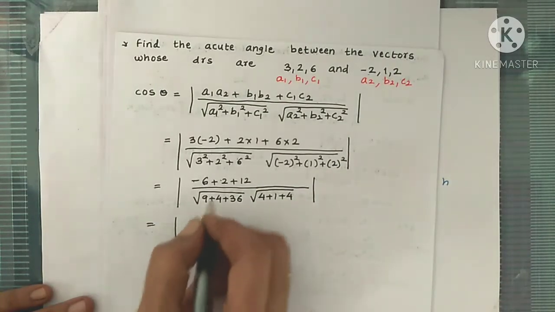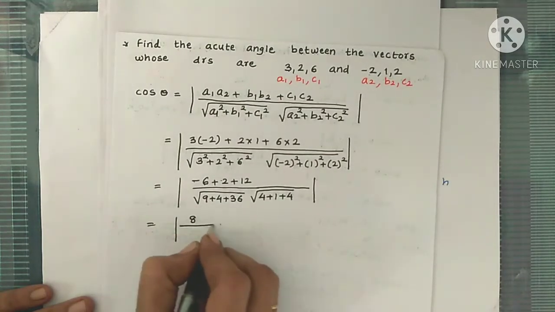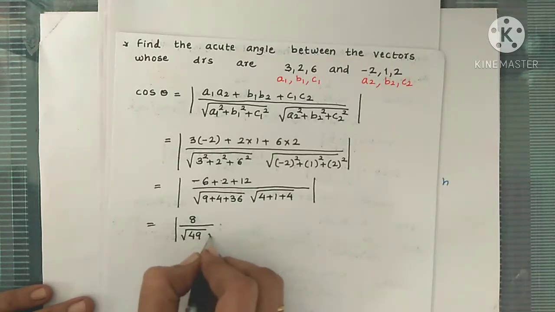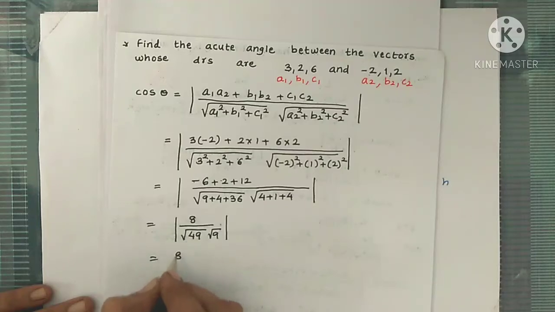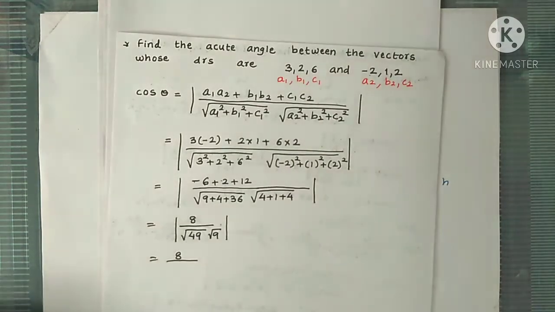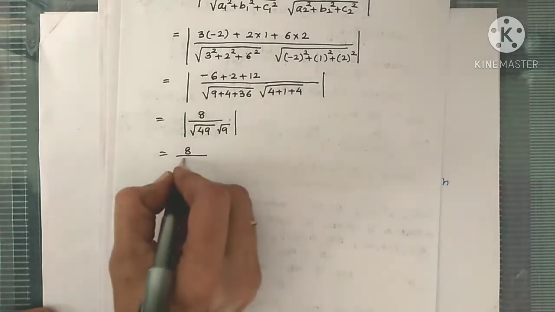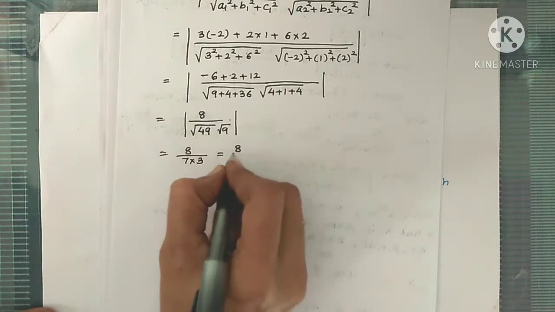So minus 6 plus 2 is minus 4, 12 minus 4 is 8, divided by root, this is 49 and this one is root 9. So it is 8. I am not writing the modulus sign now as all the numbers are positive. 7 into 3, so it is 8 by 21.